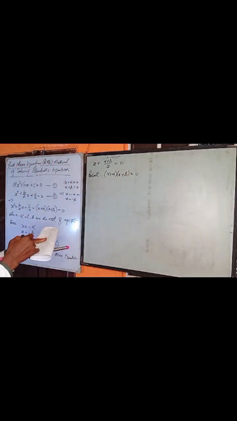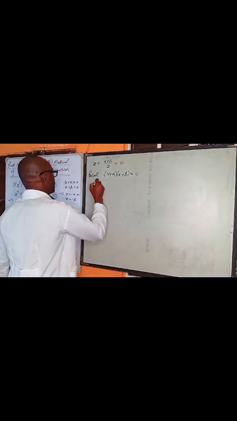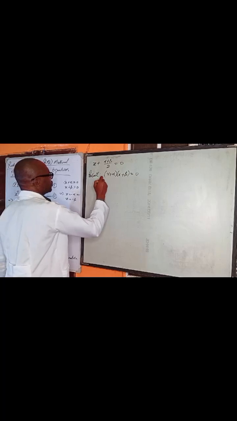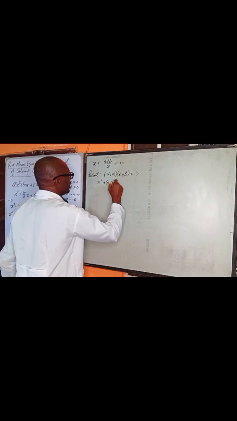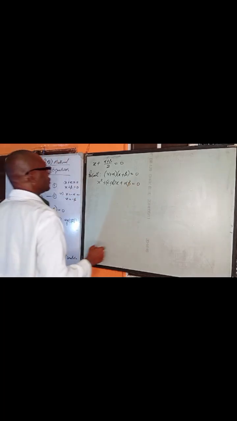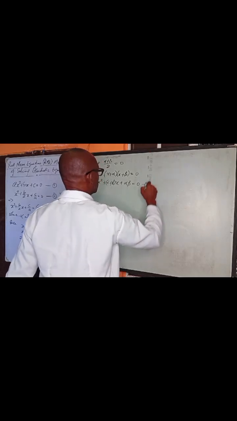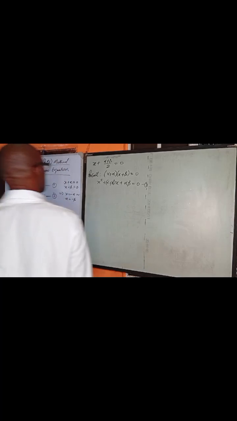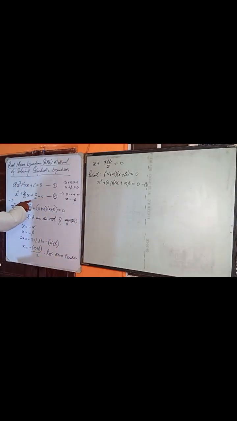If you remember that, now if you multiply this out, you have x squared plus alpha plus beta x plus alpha beta equals 0. Okay? So you can call this equation 3. Now, compare equation 3 with equation 2.